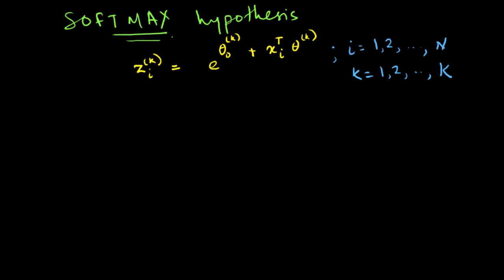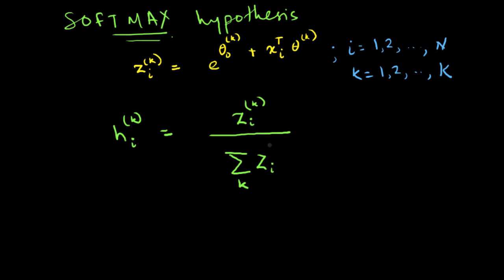So now using this, our h_i for the kth category is going to be equal to z_ik divided by sum over k of z_ik.